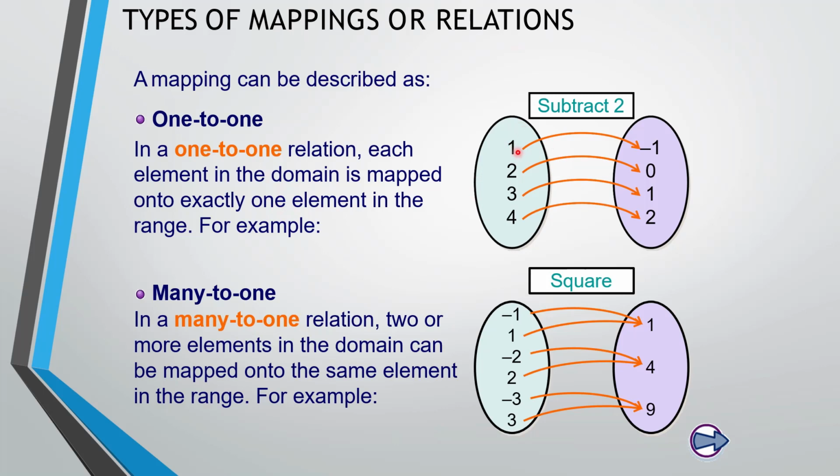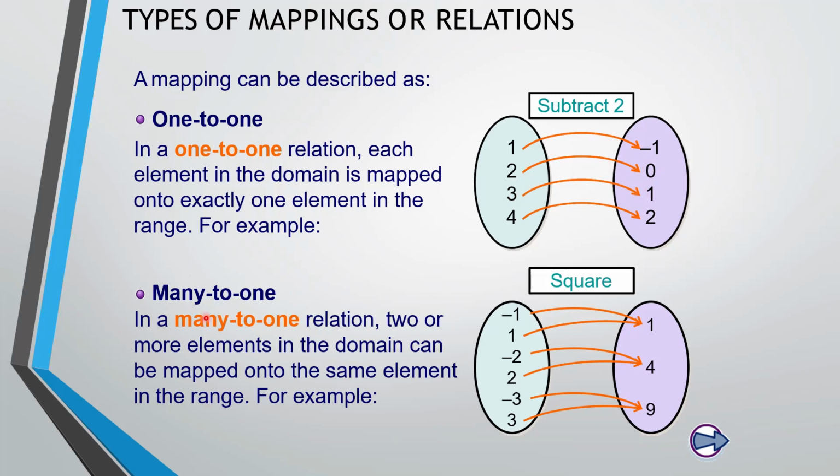For example, if we have an element in the domain, 1, it has only one output, -1. If you take any element in set B, or range, suppose -1, it has only one input, 1. And if you take 0, it has only one input, 2. And if we take 3, it has only one input, and the output is 1.